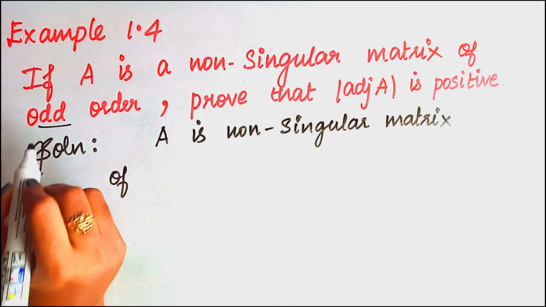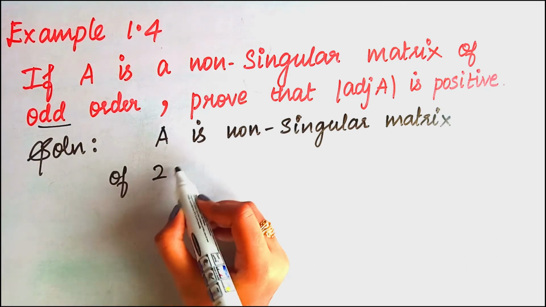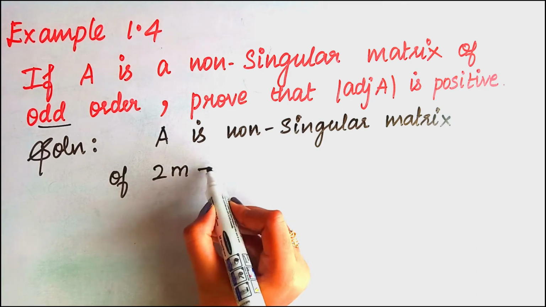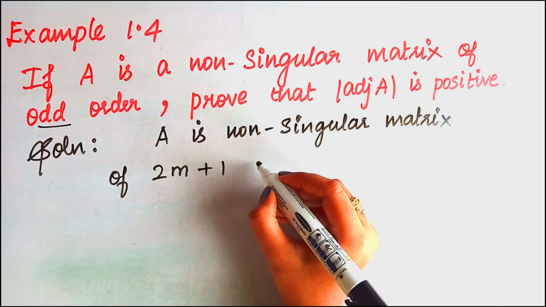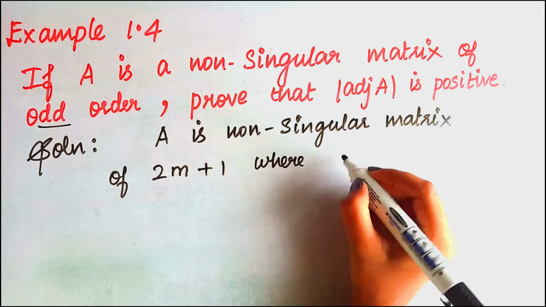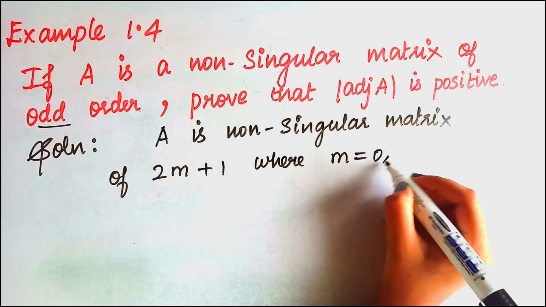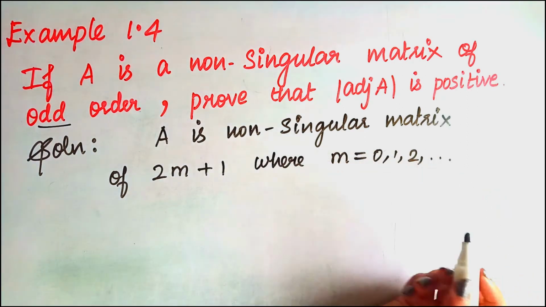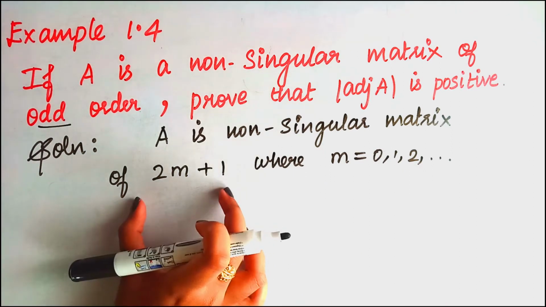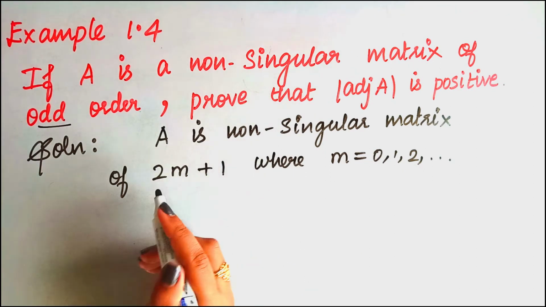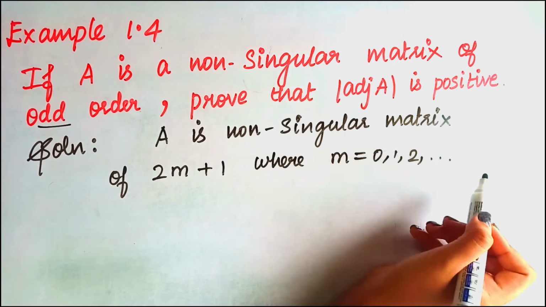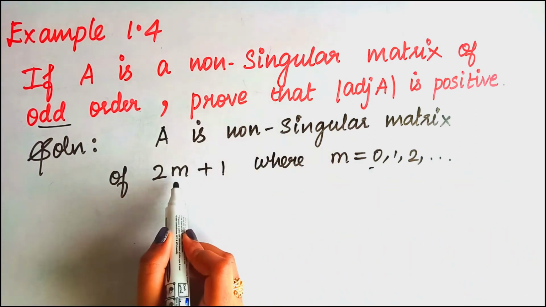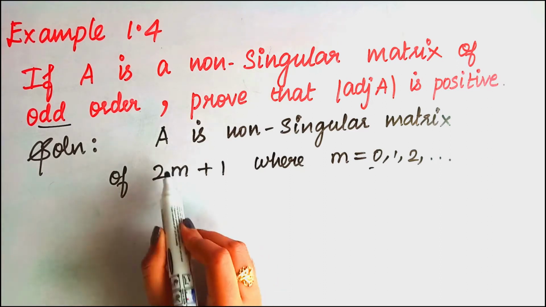So instead of odd, I'm going to give a general formula, which is 2m plus 1 for that particular order, where m is equal to 0, 1, 2 and so on. Now I'll say why I gave this instead of odd number. Here you can see m is 0, 1, 2, 3 and so on, right? First let's substitute 0 here, so we'll get 0 plus 1.